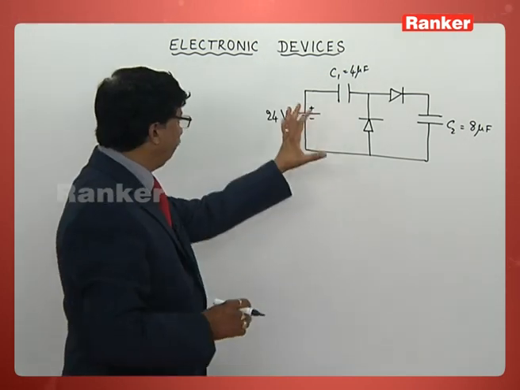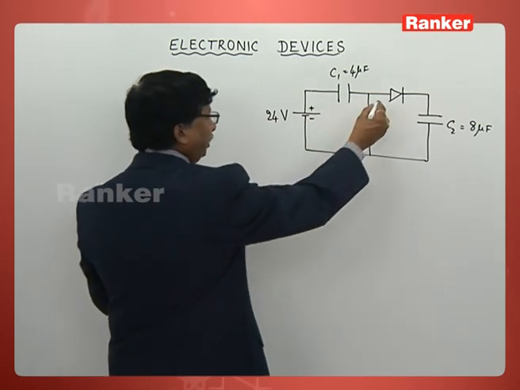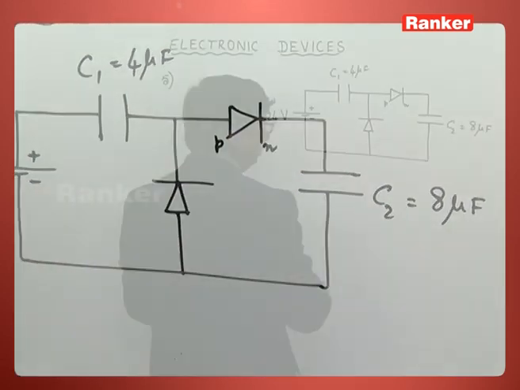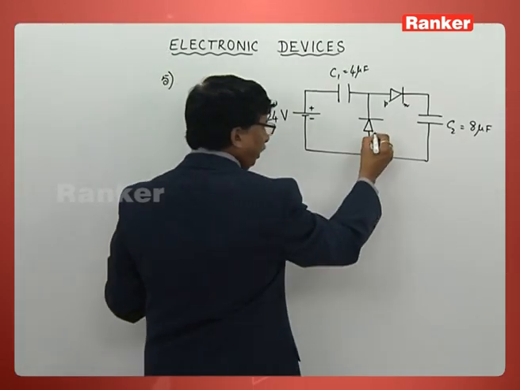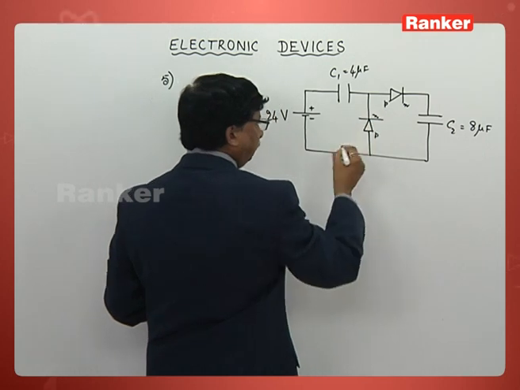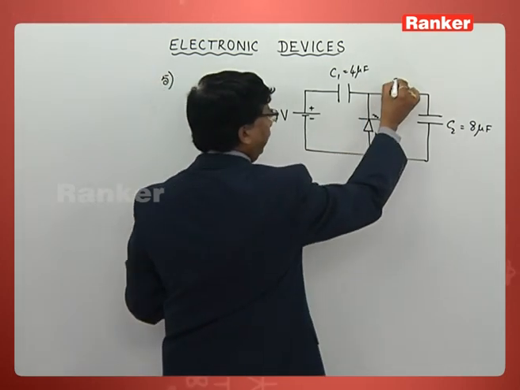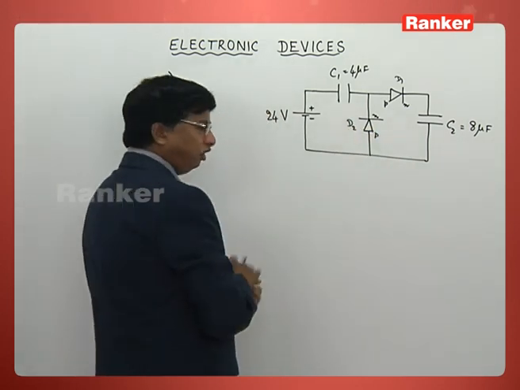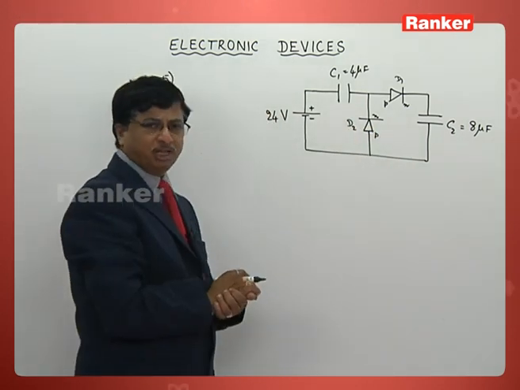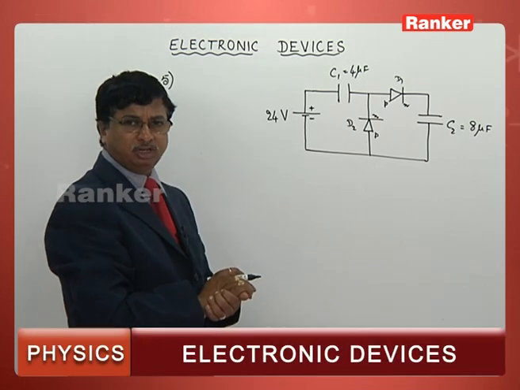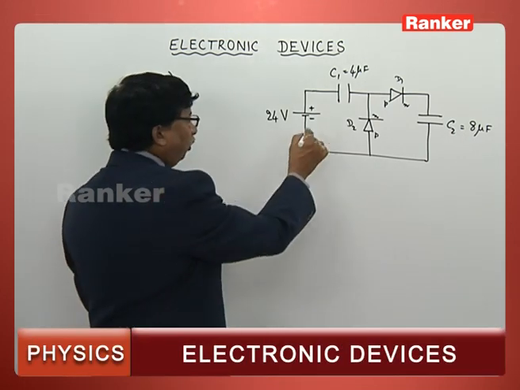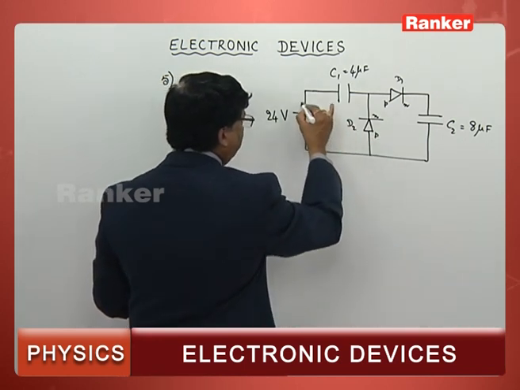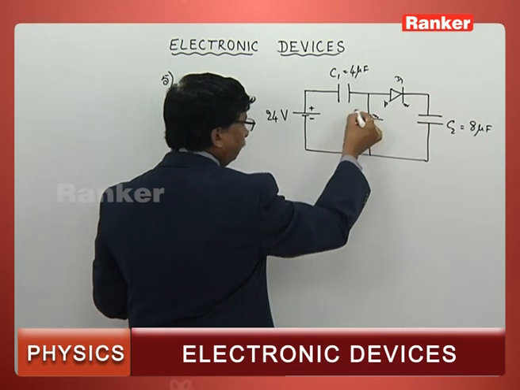Look at this PN junction diode. This is the P side, this is the N side; this is the P side, this is the N side for the second one. Taking this as diode 1 and this as diode 2, for ease of observation: negative is connected to P and positive is connected to N for the second diode.